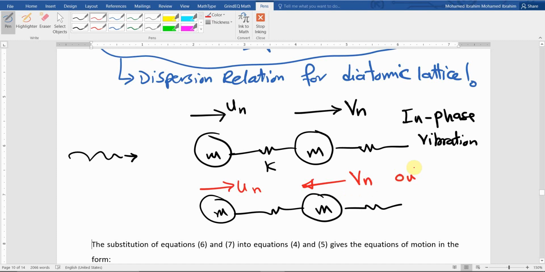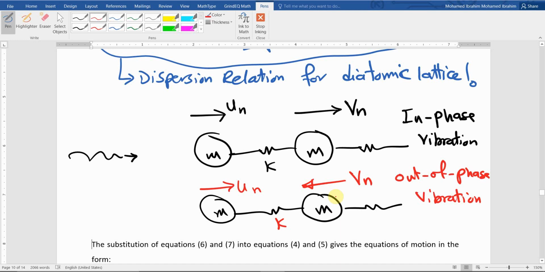This is known as out-of-phase vibration. It means these 2 atoms vibrate in 2 opposite directions. Whether un is equal to vn or different, the spring in the middle will be compressed, right? And so these are the 2 different modes, these are the 2 different ways, nothing more.